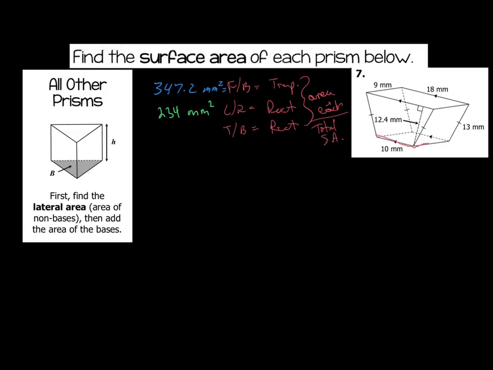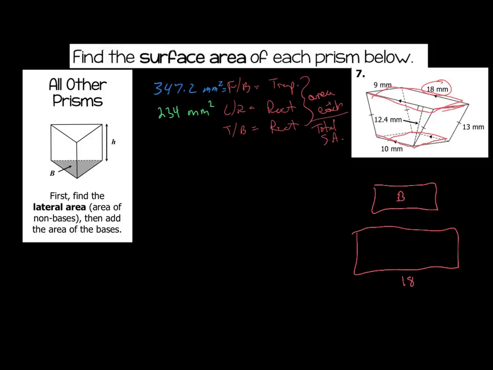The bottom is going to be a unique rectangle, and the top is going to be a larger one. So again, there's the bottom, smaller, and the top is a larger rectangle. So the top rectangle looks to be 18 by, again, 9. The bottom one looks to be 10 millimeters long, but still 9 in width.